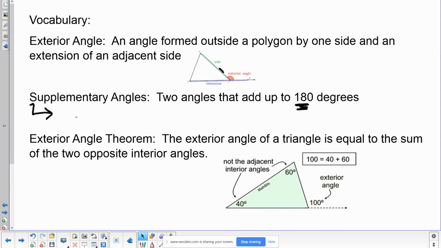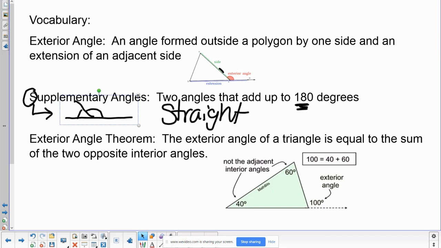So we have two angles, we'll say that's angle A, and this is angle B. Those two angles add up to make 180 degrees. The reason I started with supplementary with an S is that straight line starts with an S, and those two angles make a straight line. Again, it's two angles that add up to 180 degrees.